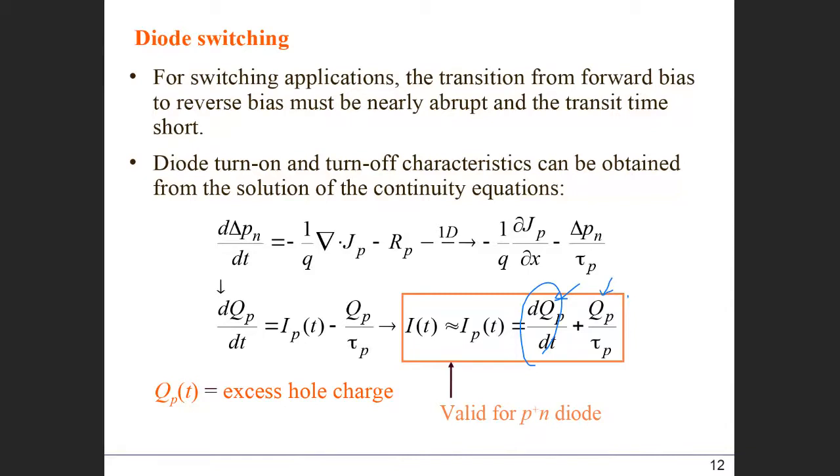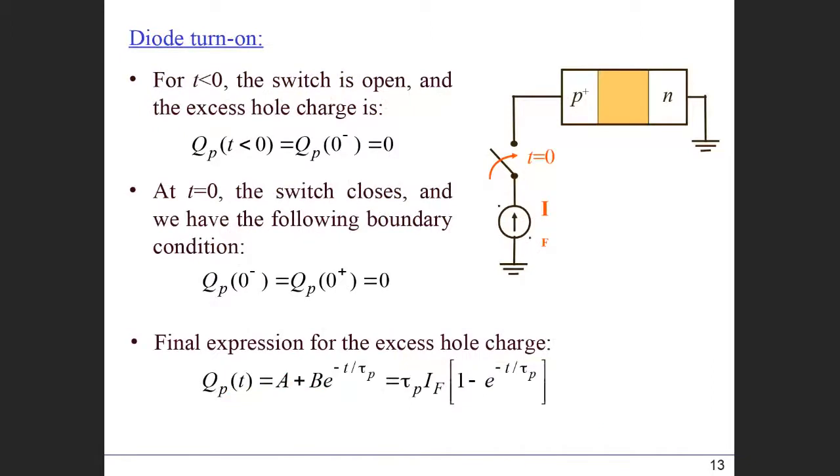As you can see, we have two unknown variables, so to get them we need two boundary conditions.